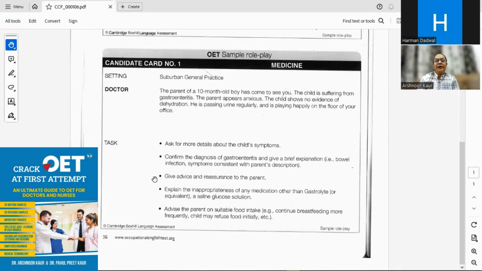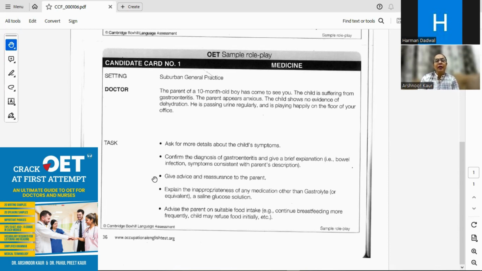And now, one very important thing: when you're convincing the patient or the mother of the child, use polite language. Suppose the patient is anxious and uses some odd language, don't panic. You have to be very sophisticated as a doctor.